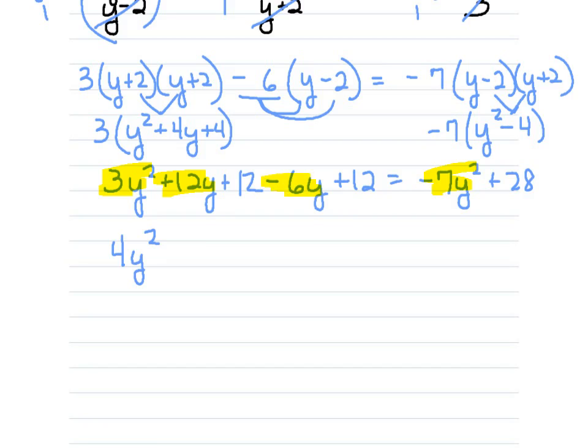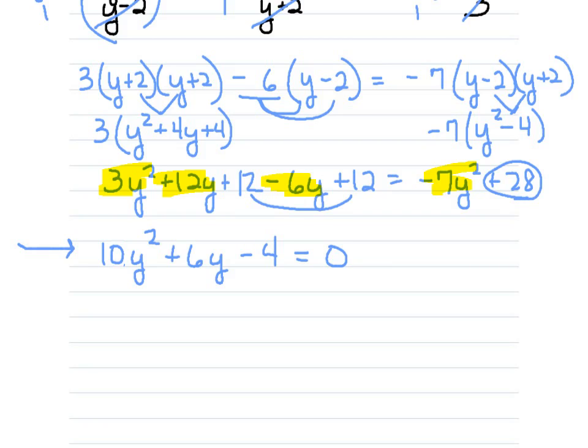And I have 6y. And then I will add 12 plus 12 here and subtract 28. I'll do it all in one step. So I have negative 4. Okay. Equal to 0. Please make sure that you check. I made a mistake here. That first term should be 10y squared because I added 7y squared to both sides.